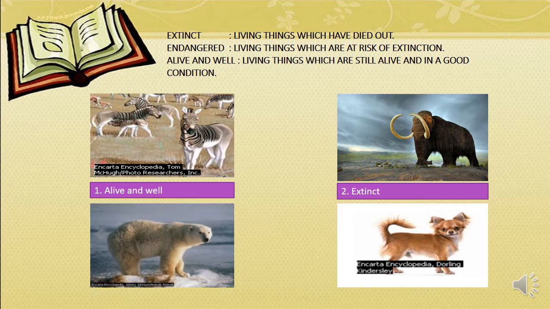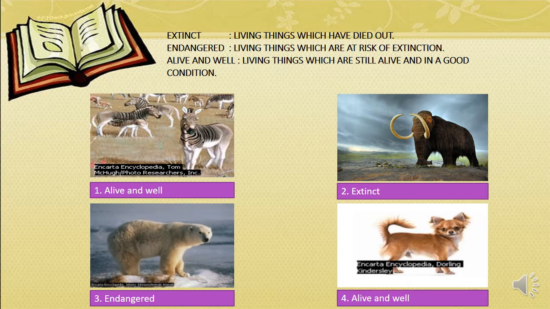Mammoth is a kind of elephant which lived some 1,000 years ago, probably centuries ago. Some mammoths are extinct. This picture shows you an animal which is endangered. And this one shows you that this animal is still alive and well until now.